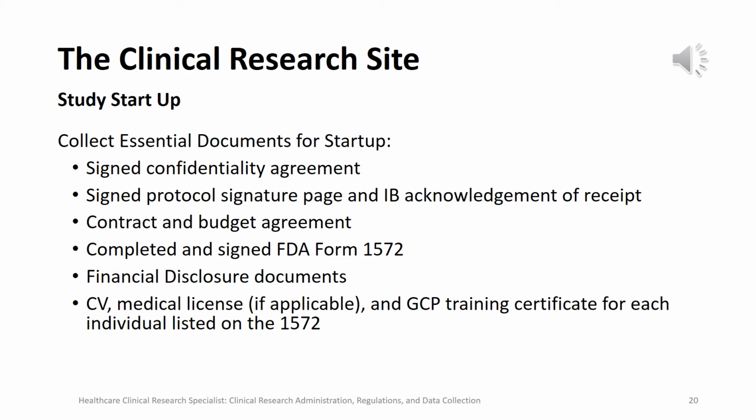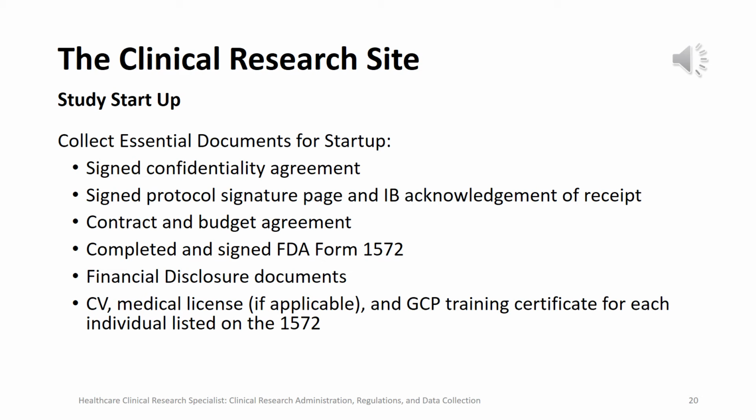We're going to complete and execute our contract and our budget agreement to define on a contractual basis what's going to occur and what the budget requirements are for the site being paid by the sponsor. The site is also going to have a completed and signed FDA Form 1572.